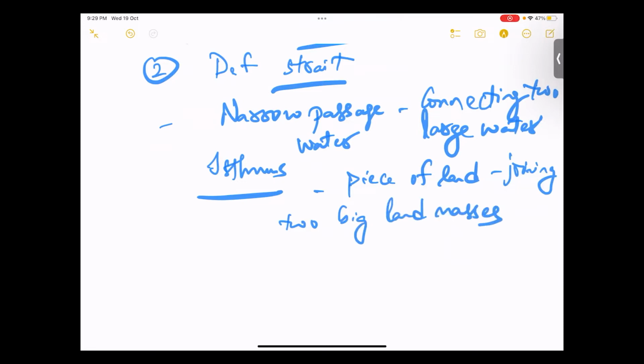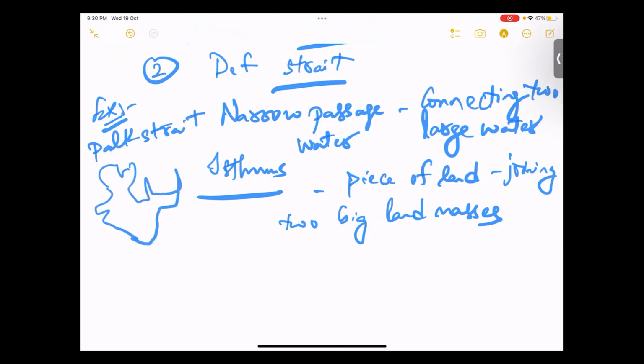When you are mentioning such things, give the example of Palk Strait, a very easy example which all of you can mention. Or if you come further south, here you have the Strait of Malacca. Obviously you need to draw this and inform the examiner.